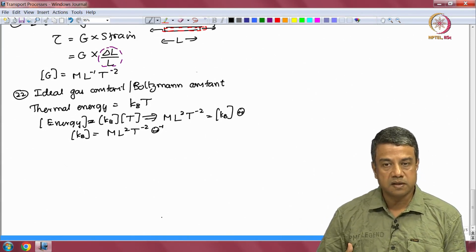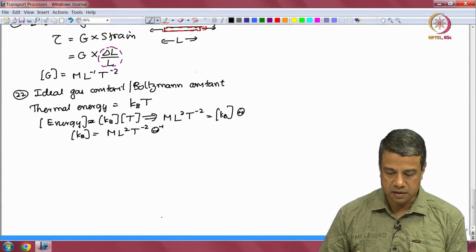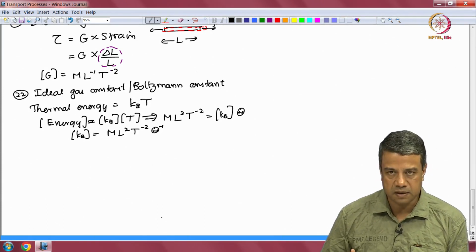And the Boltzmann constant and the ideal gas constant R differ only by a constant number.